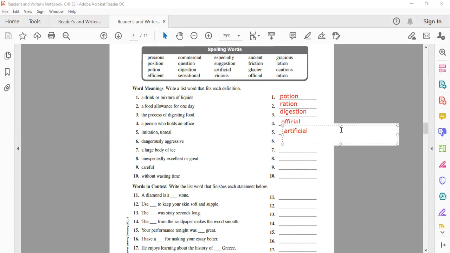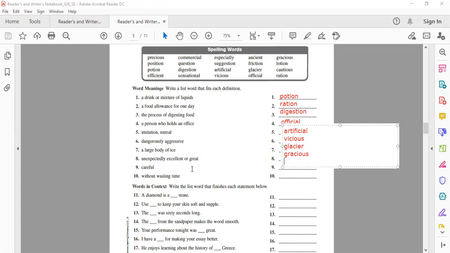Dangerously aggressive. What do we call it? Vicious. A large body of ice. Glacier. Excellent. Okay, unexpectedly excellent or great. Gracious.